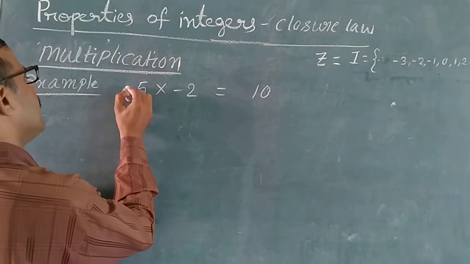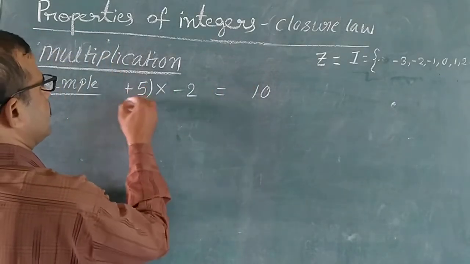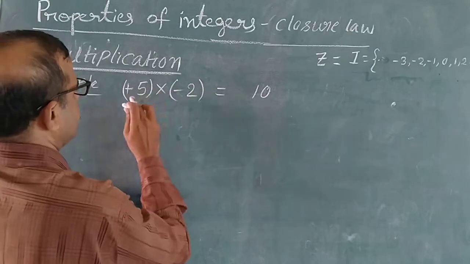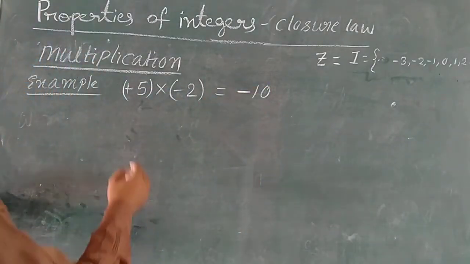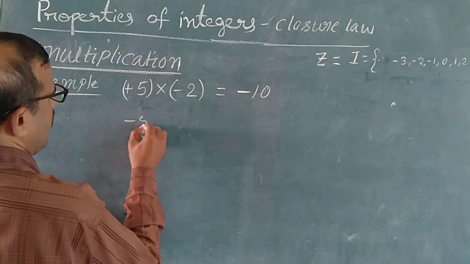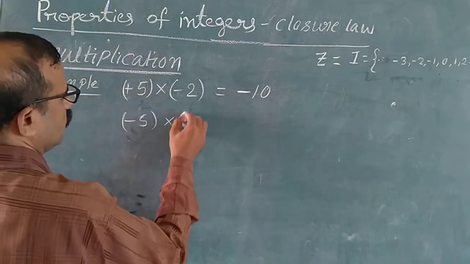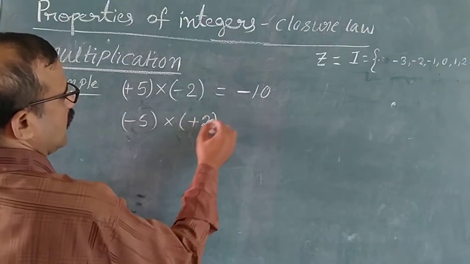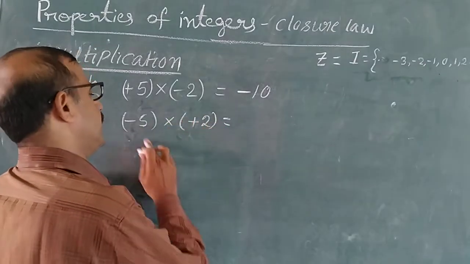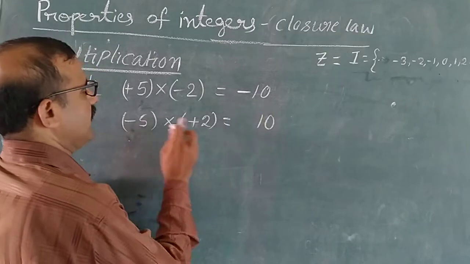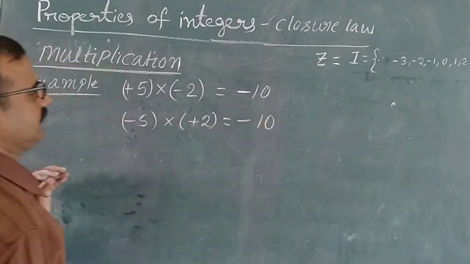Here the sign is plus and here the sign is minus. Plus into minus, so minus 10. Another example, minus 5 into plus 2. Minus 5 is an integer, plus 2 is an integer. 5 twos are 10. Minus into plus, minus.